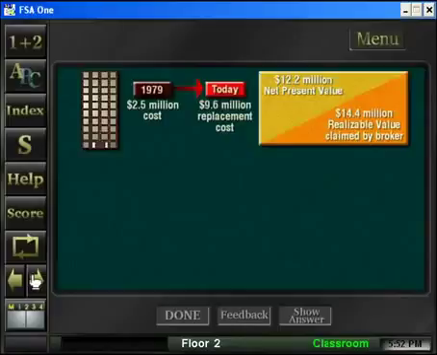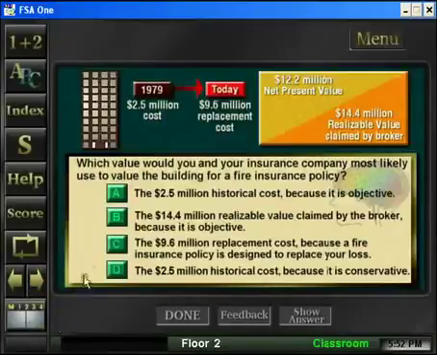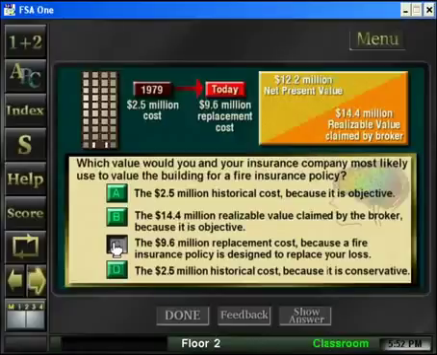However, a realtor claims that she could sell the building for $14.4 million. Question: which value would you and your insurance company most likely use for a fire insurance policy? You are correct.